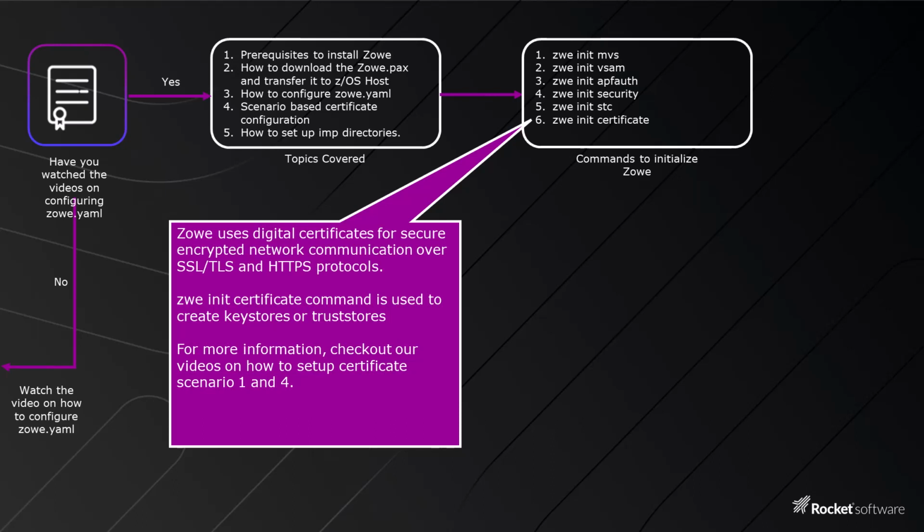You can use the zwe init certificate command to create key stores and trust stores by either generating certificates or by allowing users to import their own compatible certificates. For more information on the various allowed certificate scenarios in Zowe, check out our video on how to set up certificate scenario 1 and 4.